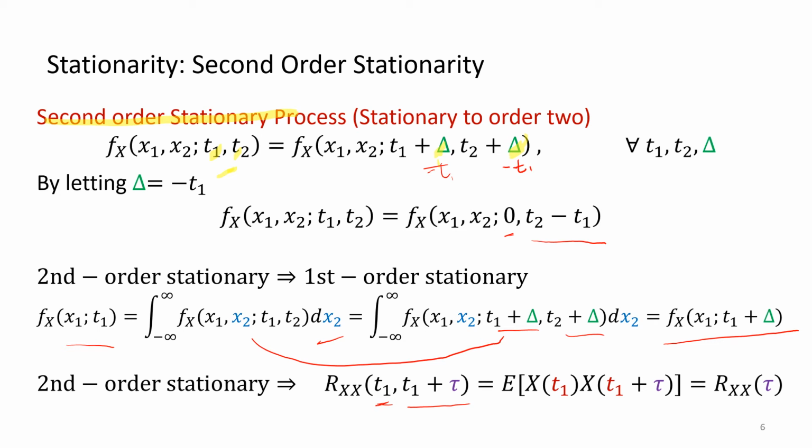If it is second order stationary, of course you expect the correlation to be a function of time difference only, because the correlation function is a second order moment, and if it's stationary, then all we need is just delta. That's a very important statement. So correlation does not change with time, it just changes with tau, the time difference, where tau equals T2 minus T1.